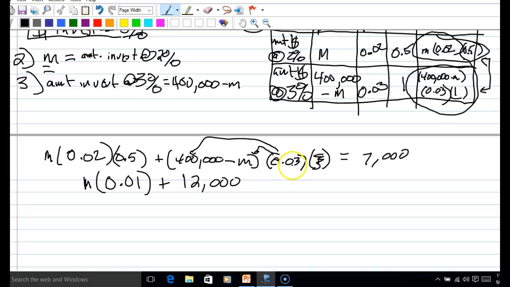And multiply 0.03 by M, that gives me minus 0.03 M is equal to $7,000.